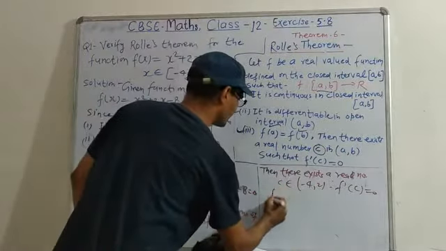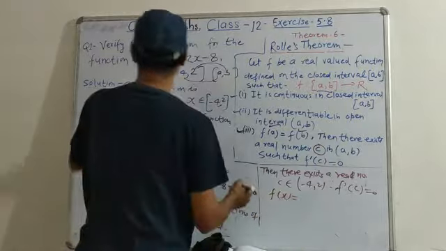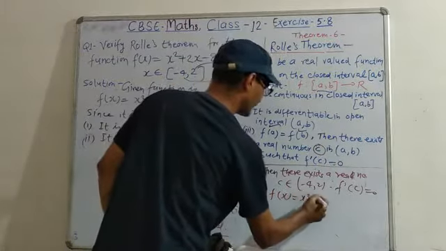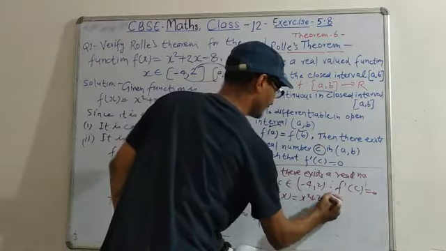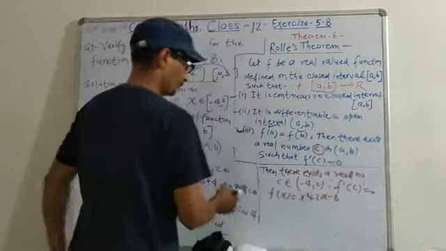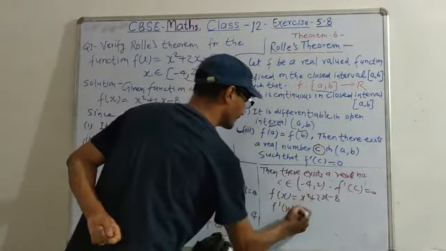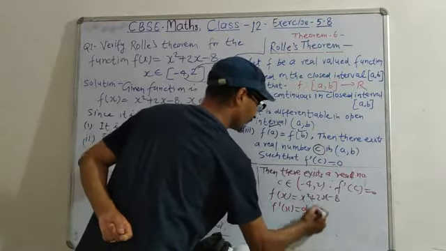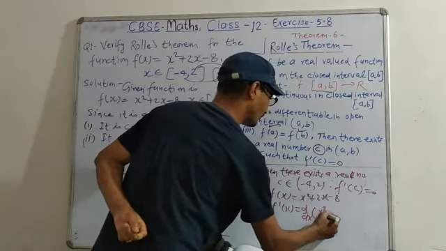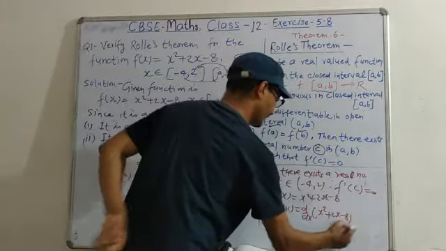First we have f(x) is equal to x square plus 2x minus 8. So f dash x is d/dx of x square plus 2x minus 8.